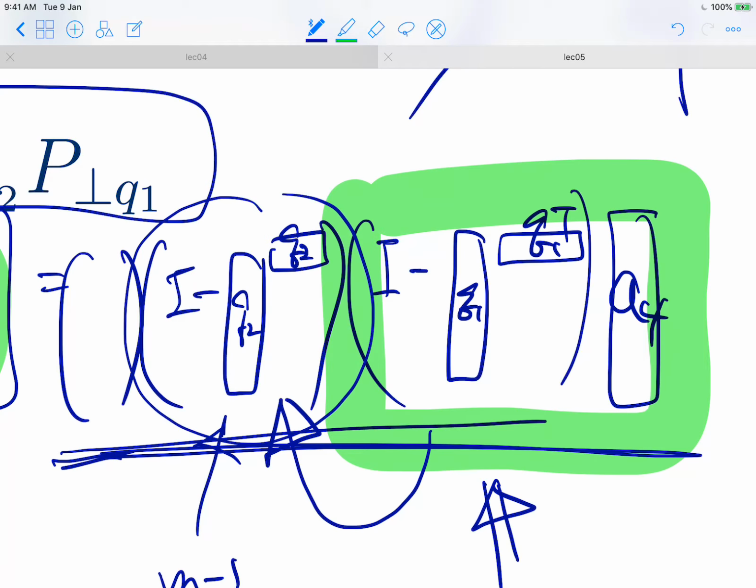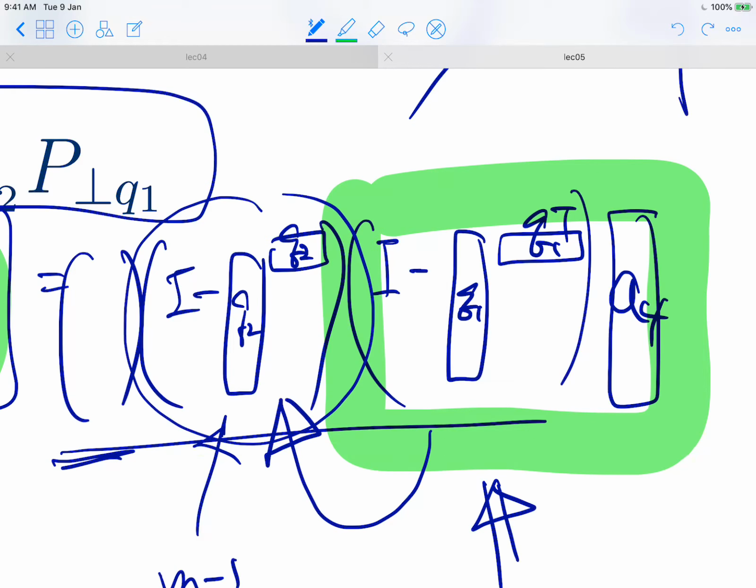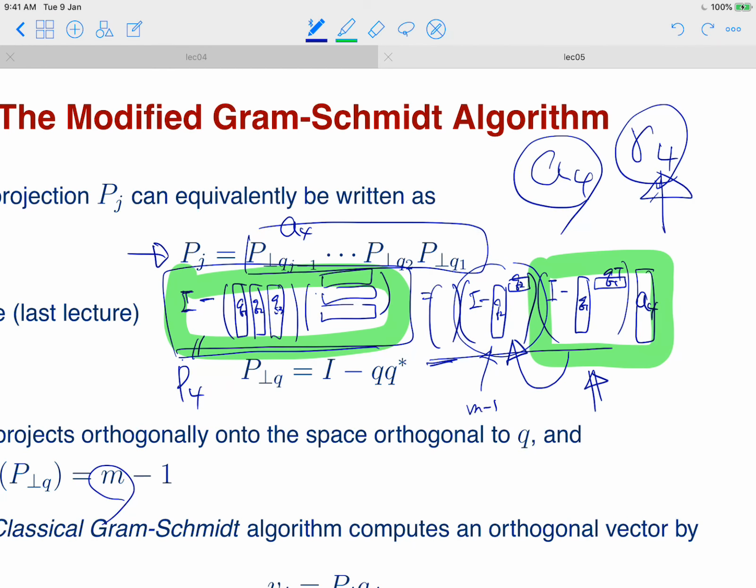For example, if we just consider the product between these two, then Q2 times Q1 will produce 0, and so that cross term will be gone. So that way we can easily prove this.